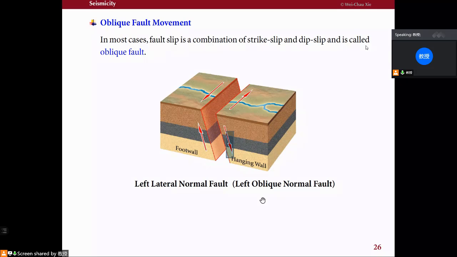If you look at this direction, the hanging wall moves downward, so that's the normal fault. If you stand here, this part moves towards the left, so we have the left lateral movement. So this fault is called a left lateral normal fault.